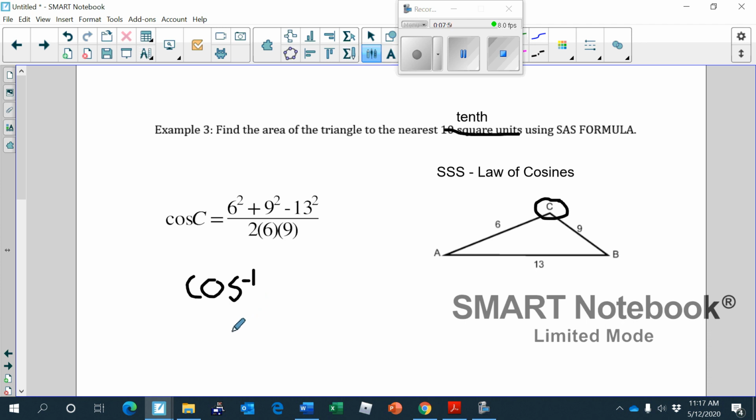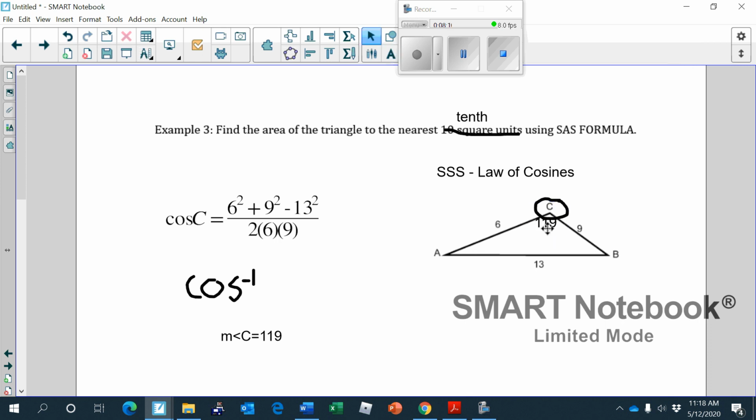You should find that the measure of angle C is 119 degrees.